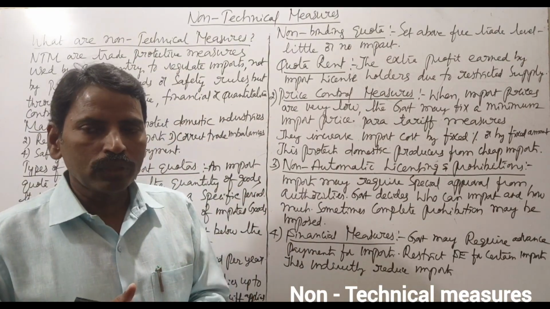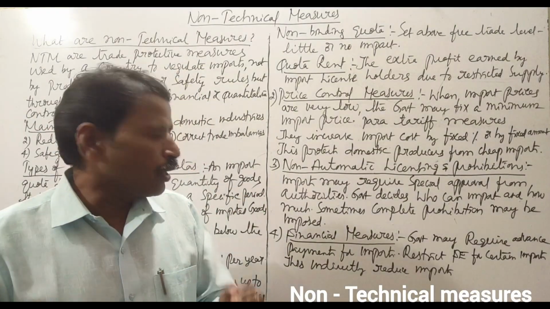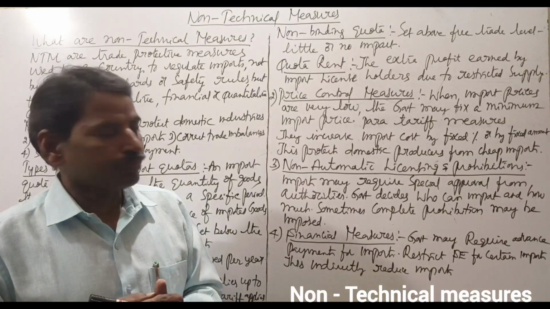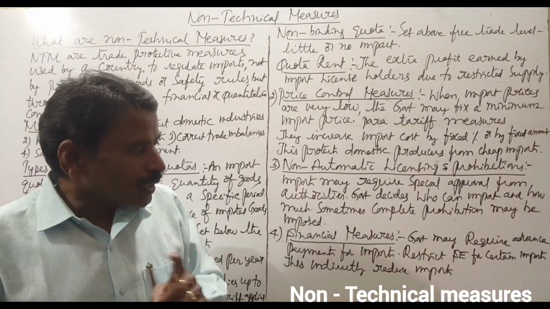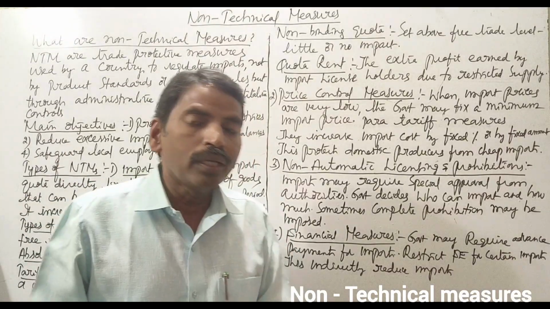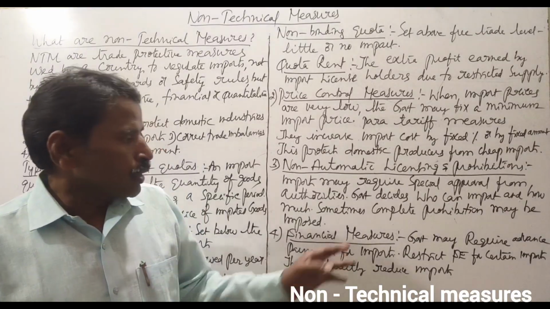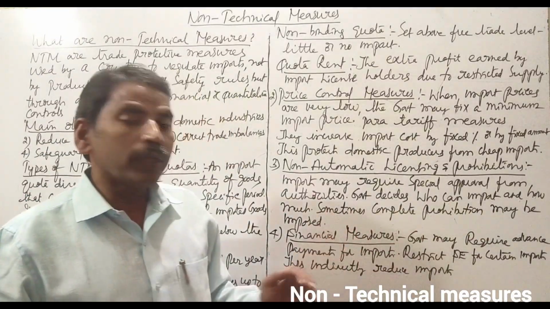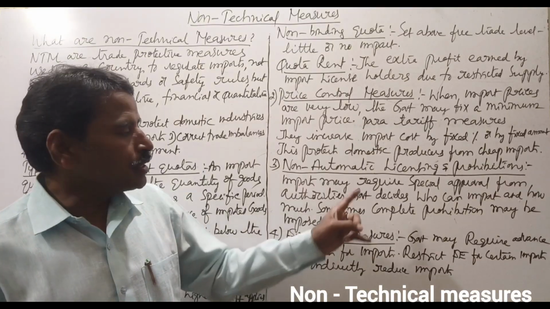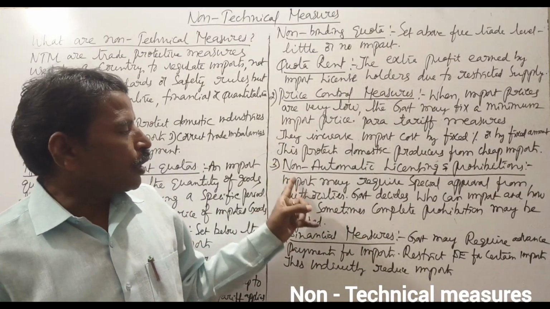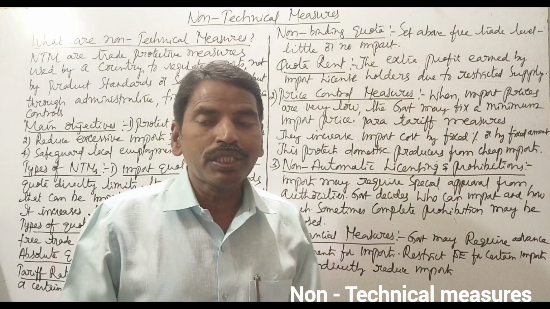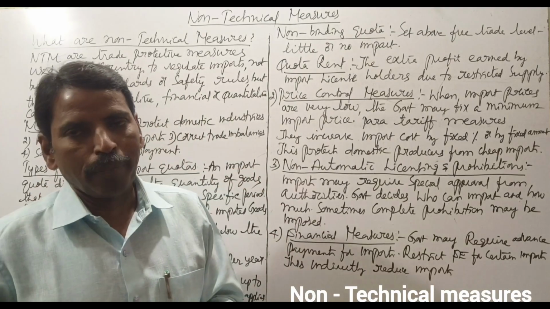Sometimes complete prohibition may be imposed also. These measures are called non-automatic licensing and prohibitions.